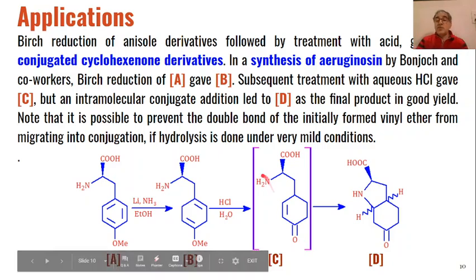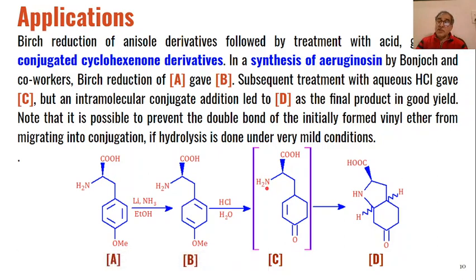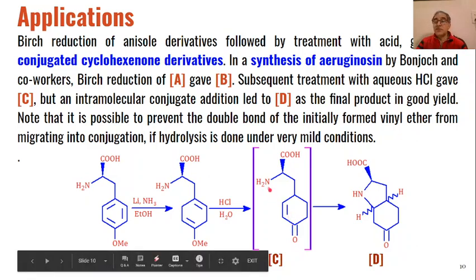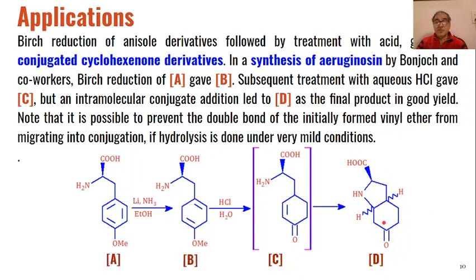And then due to the presence of this alpha amino acid group, this amino group of the alpha amino acid will act as a nucleophile, and this will attack this alpha beta unsaturated ketone, and Michael addition will take place, which will lead to a cyclic heterocyclic product of this type. So this type of bicyclic ketone will be formed as the product.